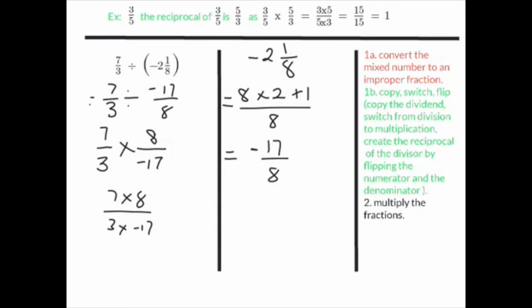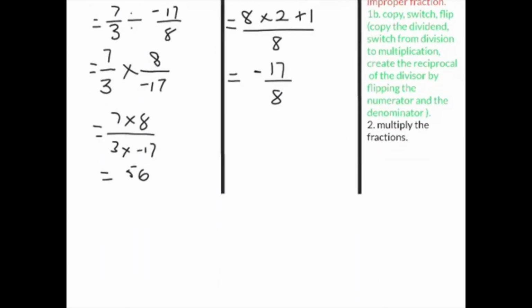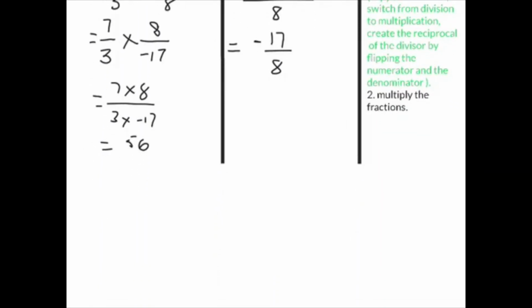Sorry, I'm forgetting my equal signs. Equals 7 times 8 is equal to 56. And 3 times 17 would be 51, and it's a negative.